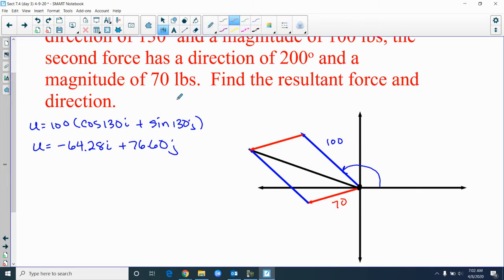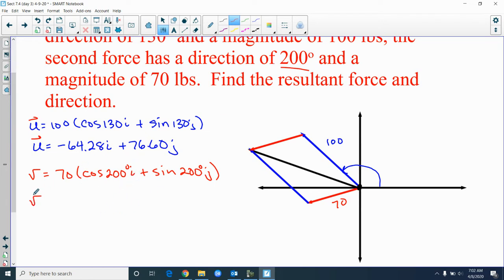So for the V vector, that is the magnitude times the cosine of the direction. The direction for that is 200 degrees. So cosine of 200 degrees I plus sine of 200 degrees J. Okay, that is how we convert to IJ form.